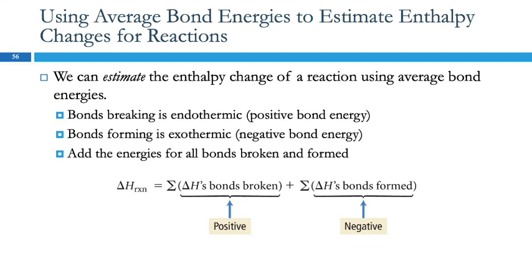When a bond forms, it releases energy. So there you look up the bond energy and you change its sign because that's what happens. It's the opposite of breaking. It's making. So to find the enthalpy change for the reaction, we're going to add up all the bonds that are broken and all the bonds that are formed.